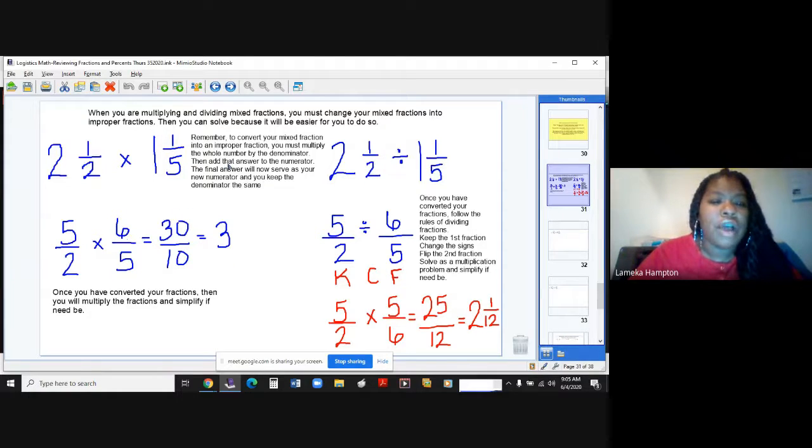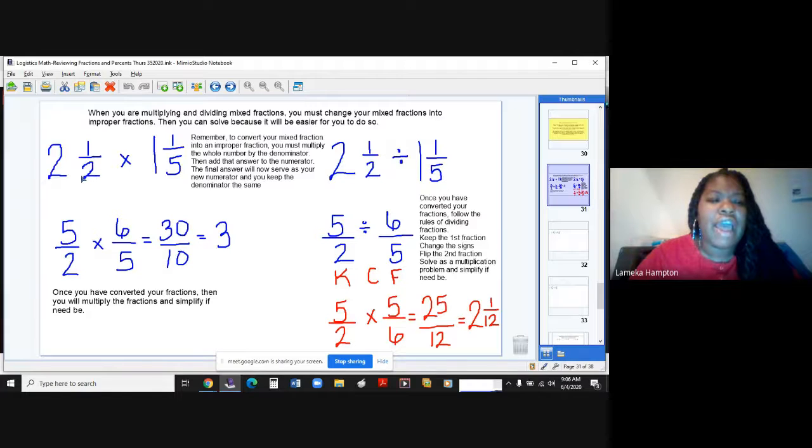In the middle here, I wrote: remember, to convert your mixed fraction to an improper fraction, you must multiply the whole number. In this instance, 2 is my whole number because it is the bigger number in front of the fraction. You multiply that by the denominator, which is your bottom number.